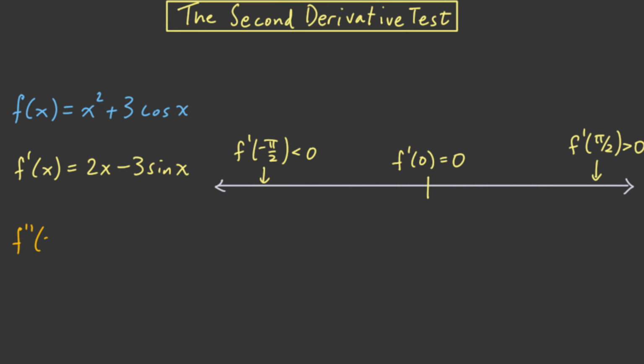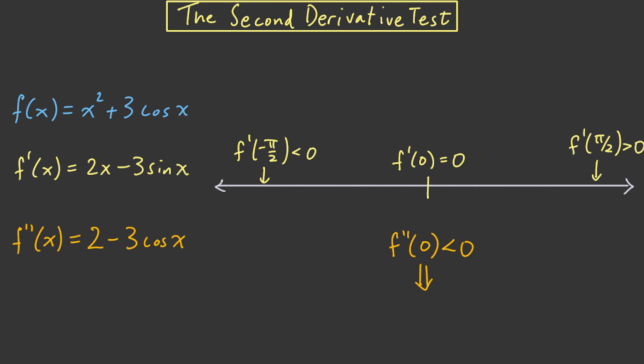f double prime of x equals 2 minus 3 cosine x, and so f double prime of 0 is minus 1, which is negative. What does that tell us? Let me give you a couple of arguments. First, f double prime of 0 is the derivative of f prime at 0.